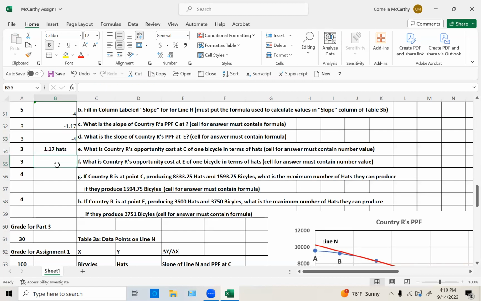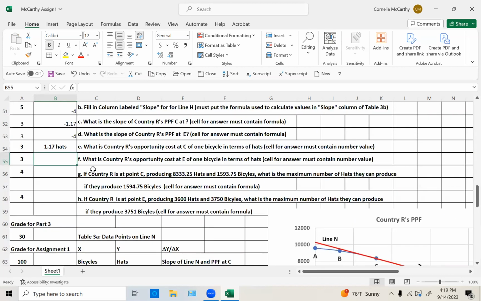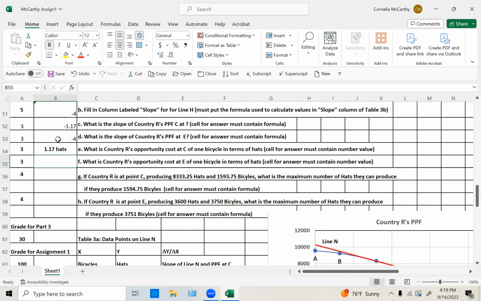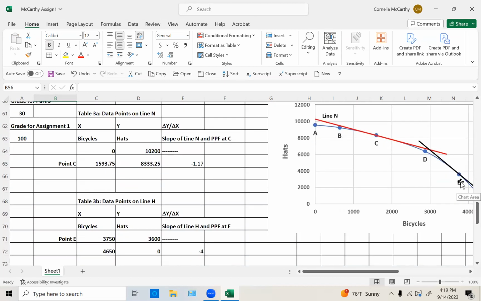And if you look at point E and you say they're producing here, but they want to produce one more bicycle, how many hats do they have to give up? Again, it's going to be the absolute value of the slope of the PPF at E, so it's going to be 4 hats. And this supports our argument that it's increasing opportunity cost because the production at E is producing more bicycles.